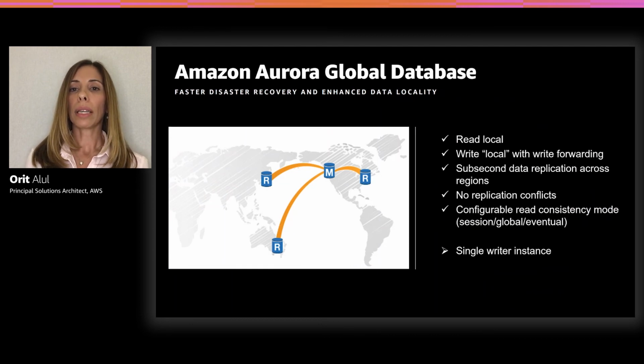An Aurora Global Database consists of a primary AWS region in which the data is maintained and up to 5 read-only secondary AWS regions. Amazon Aurora replicates data to the secondary read-only replicas within a typical latency of under 1 second.